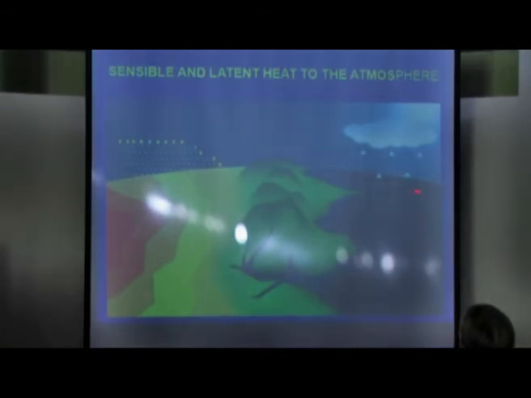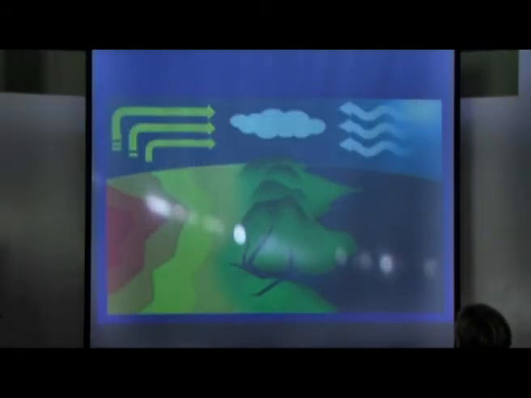From the sea, water vapor goes to the atmosphere, and from dry lands sensible heat starts flowing to the atmosphere. This system creates a conflict between two energies, latent heat and sensible heat.